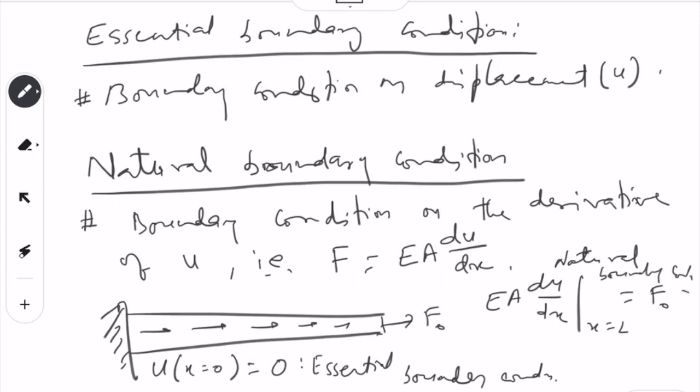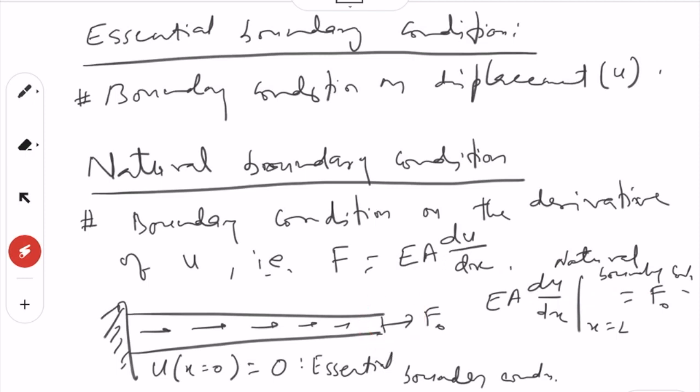Now, if you do not apply any f naught, then you do not have to write EA times du over dx at x equal to L equal to 0, because it is understood. Unless you are applying a load, you do not have to say there is no force here, because automatically it means there is no force.